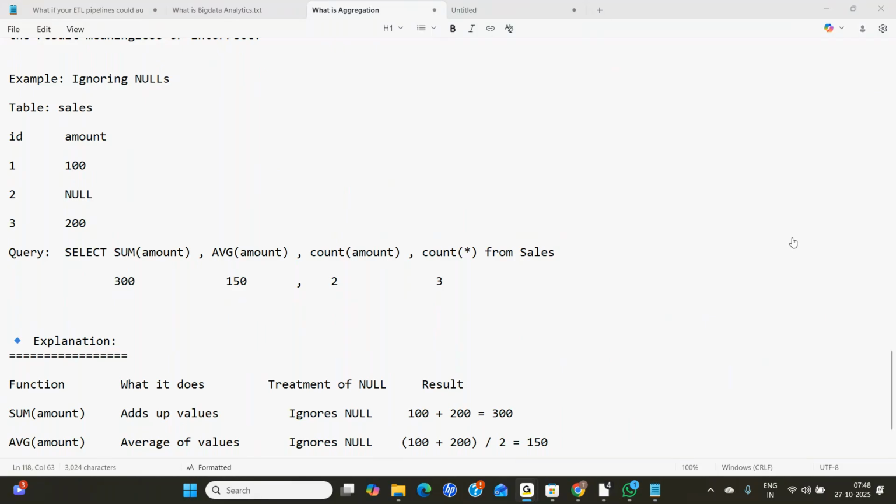On SQL, at least in the L1 or L2 round, a minimum of 2 to 3 questions will come. Most of the time, questions come on joins and aggregates.